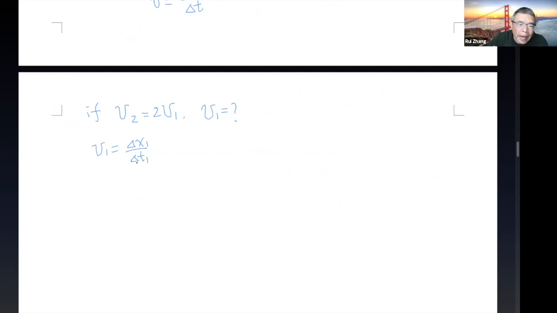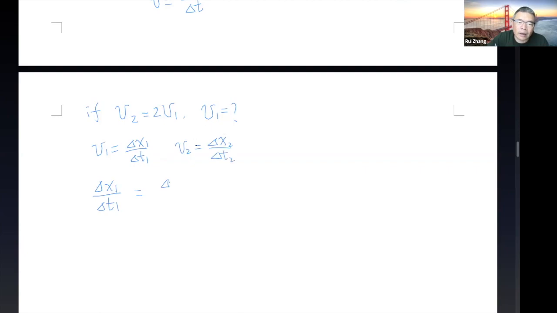Now again, what you can think is this. Delta x1 divided by delta t1, that's v1, right? But we also know that v2 equals delta x2 divided by delta t2, right?